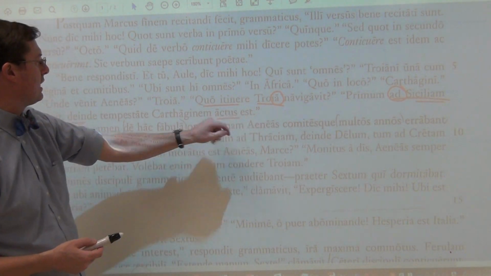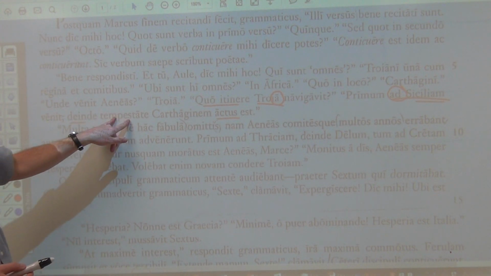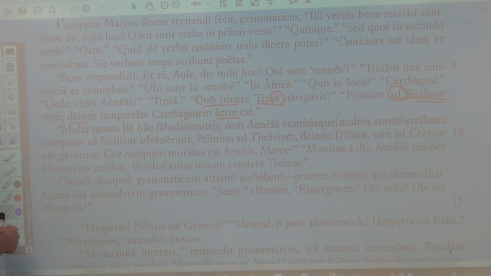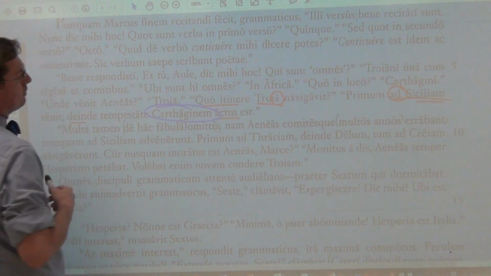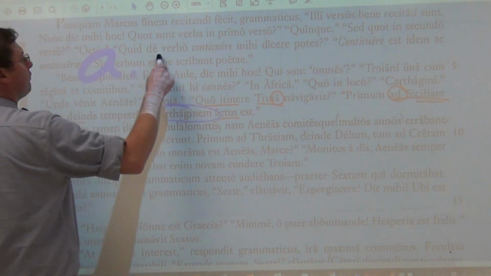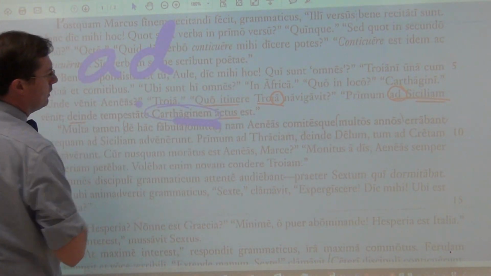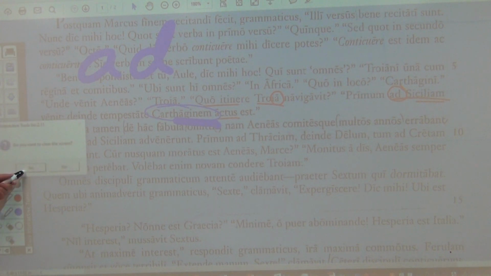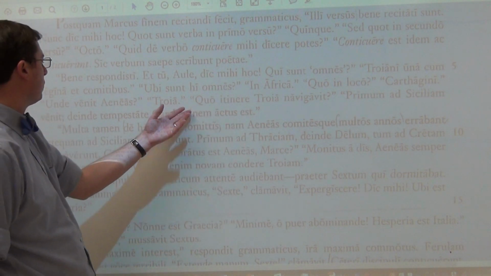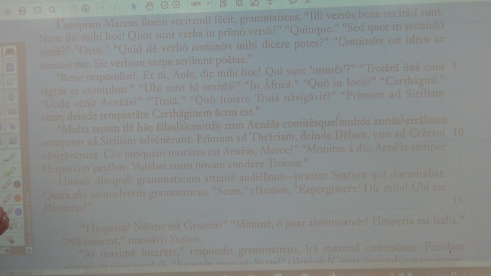He was driven, has been driven by a storm in the ablative case, and since Carthage is again a city, town, or small island, there is no need for the preposition ad. It is merely going to be the city or town or small island in the accusative case. Thus we know to translate it to Carthage. He was driven to Carthage.